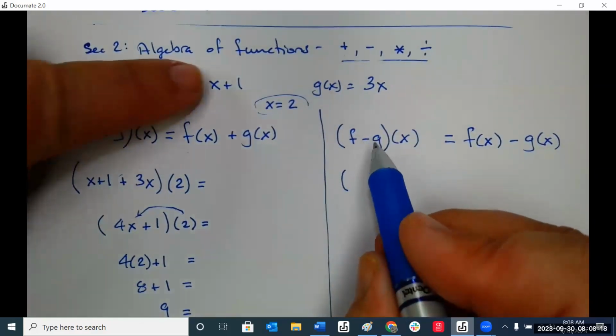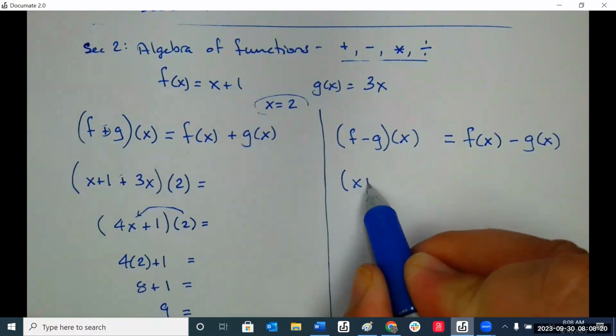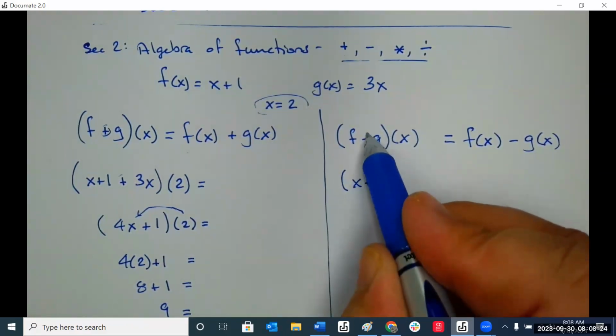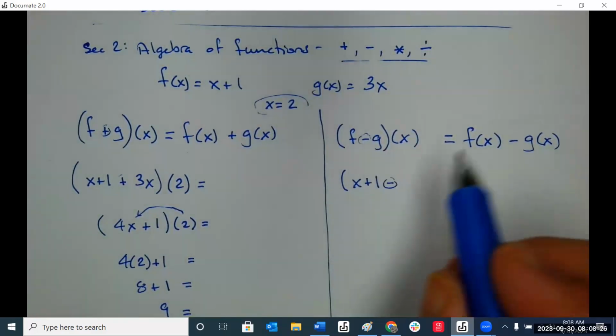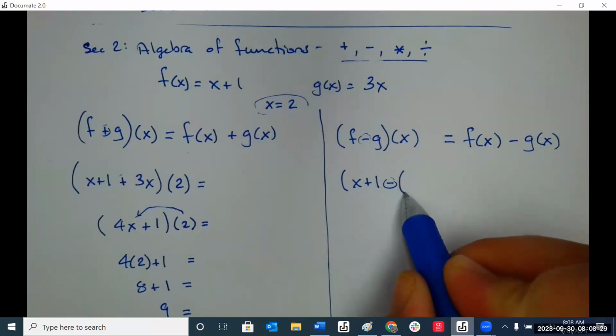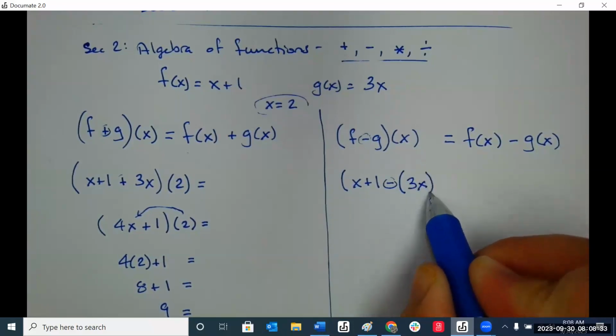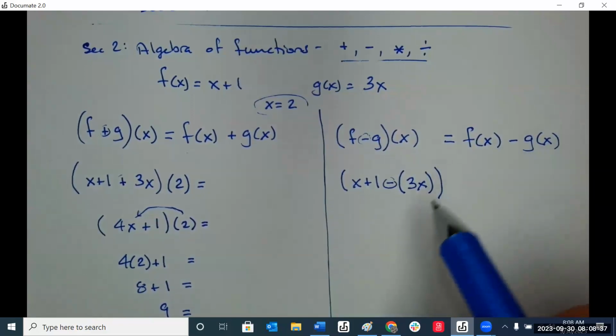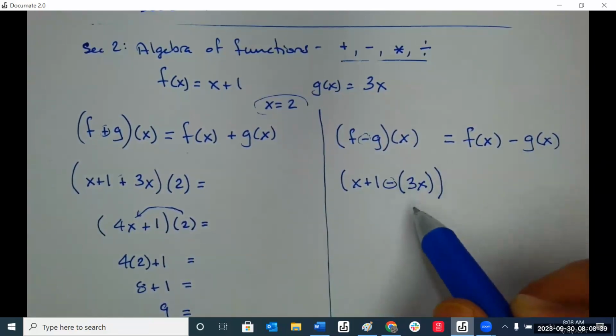The function f is x plus 1. There's the minus sign. Now, whenever you have a minus sign, whatever is behind it, put it in parentheses. Because if it's an equation, if you don't put it in parentheses, only the first term gets changed.